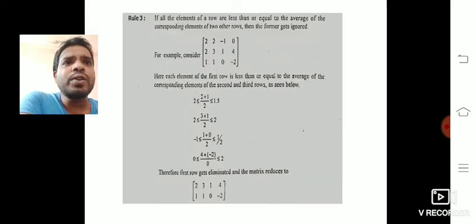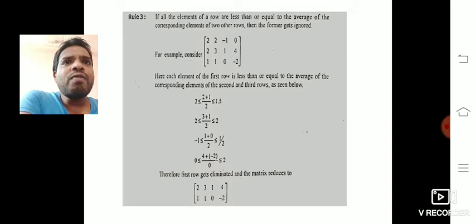And in the third rule, if all the elements of a row are less than or equal to the average of the corresponding elements of two other rows, then the former gets ignored. Suppose you take the A1 row here: 2, 2, minus 1, 0.